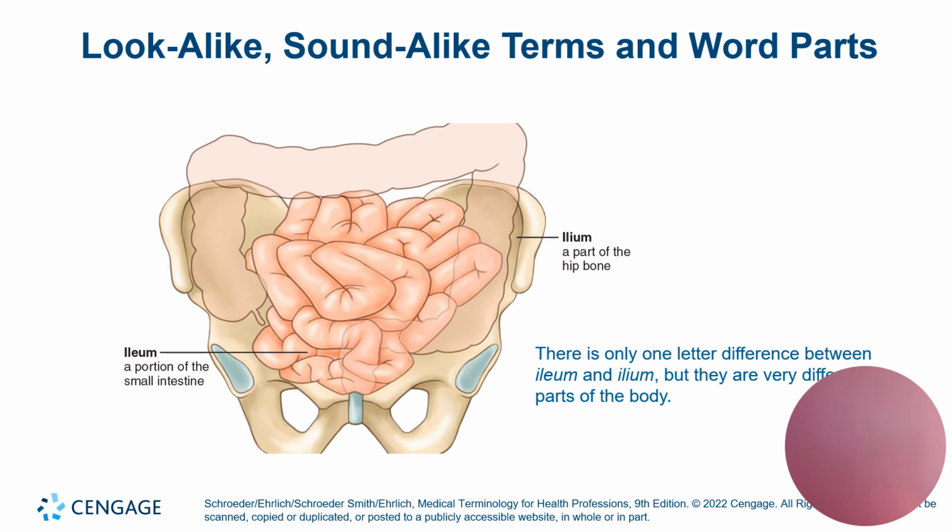Another example is mucous, spelled O-U-S, and mucus, spelled U-S. When we spell it with O-U-S, this is describing the specialized membranes that line the body cavities, such as the lining of the mouth or the nose. Those are mucous membranes. But when we use it as a noun with just U-S, this is pronounced again the same way.